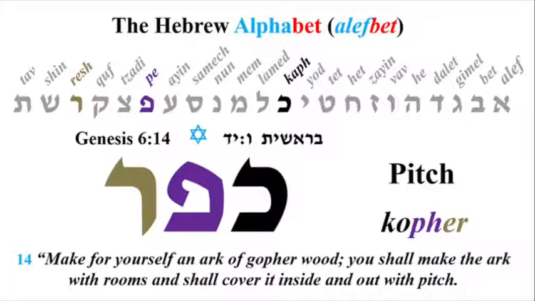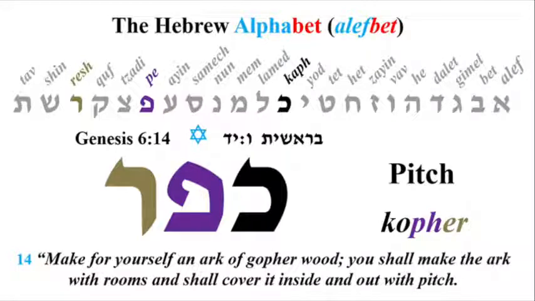Okay. Here's a cool word that begins with a Kaph, and it has many applications, and that is the word kopher. The first time we see this is in Genesis 6:14, where God is telling Noah, make for yourself an ark of gopher wood.